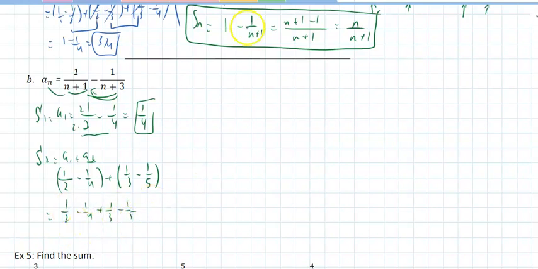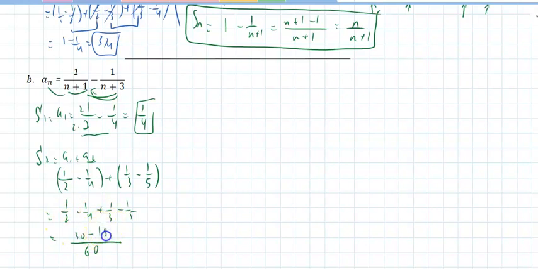So all over, if I look at the common LCD, 60. Yep. This is missing a 30.